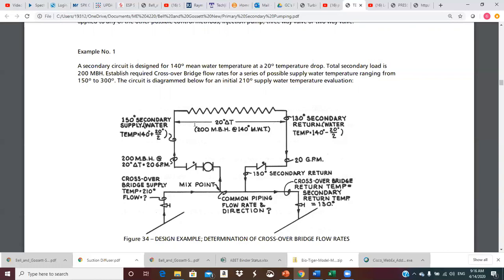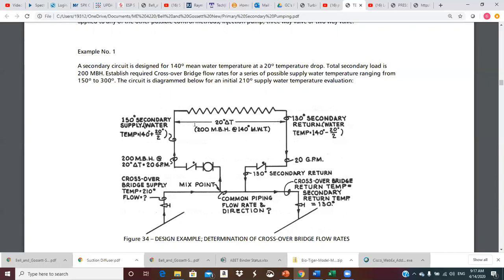Now that 200,000 BTUs an hour has to be supplied by the energy that goes into the crossover bridge. And you can also notice that we've got 130-degree return temperature going back into the crossover bridge, and that's what goes into the primary return system.